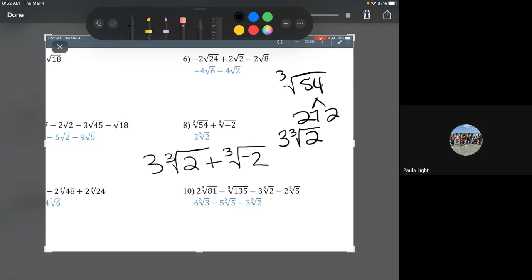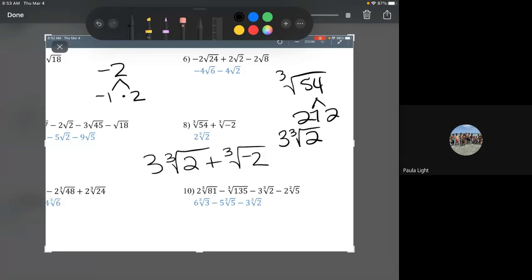Now, can you break down that negative 2? Does it have a perfect cube as one of the factors? It actually does. I don't know if they'll do this to you on the SOL, but negative 2, if we were going to factor it, we could do negative 1 times 2. And negative 1 is a perfect cube.